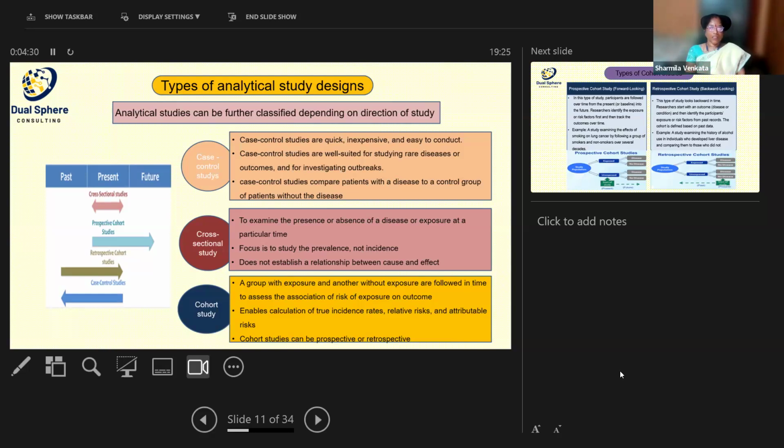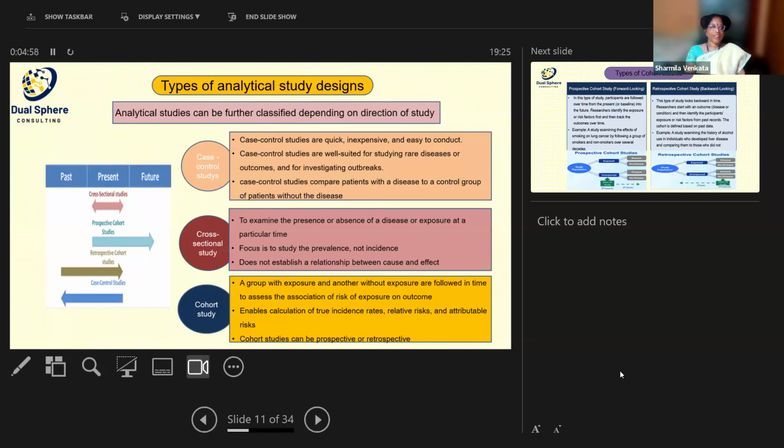If you see the cross-sectional designs, here it is a snapshot in time. So measure exposure and outcome together. For example, a survey of obesity and hypertension prevalence in a community. The pro is easy, good for prevalence. Cons are cannot establish causation.